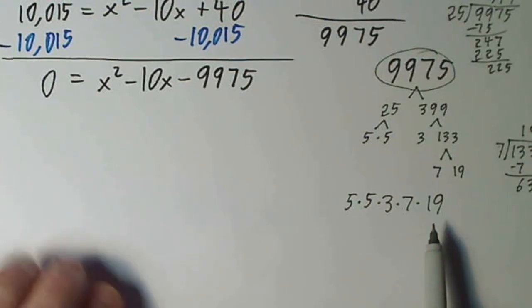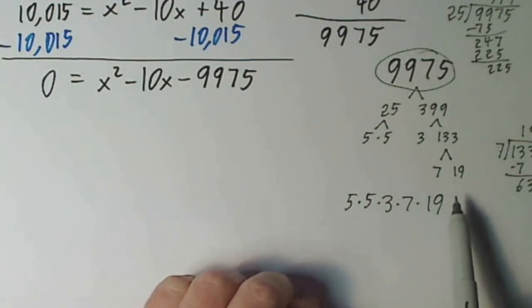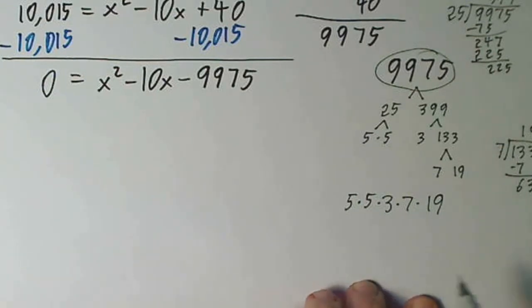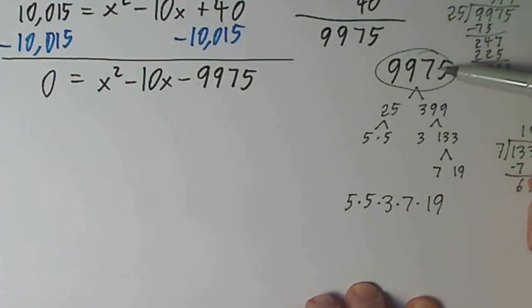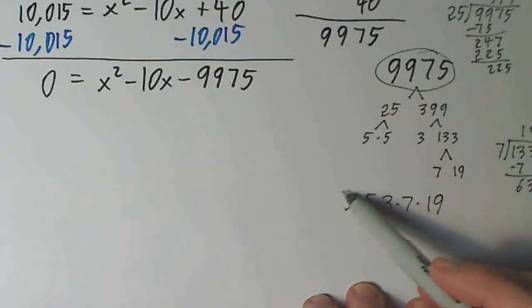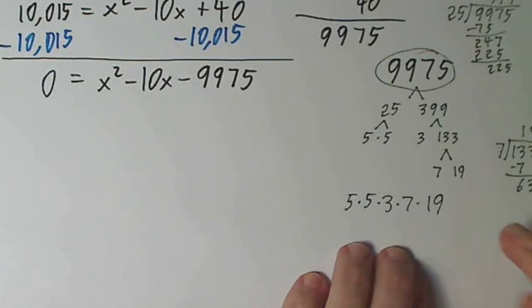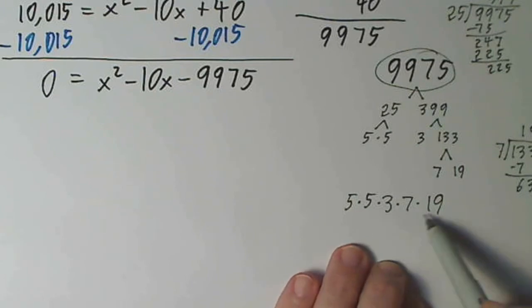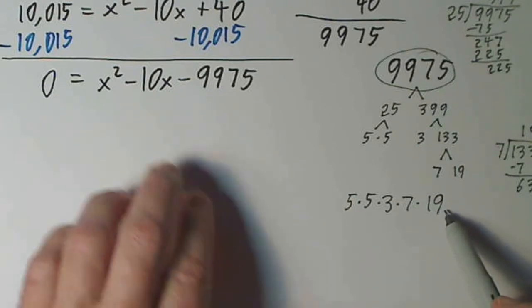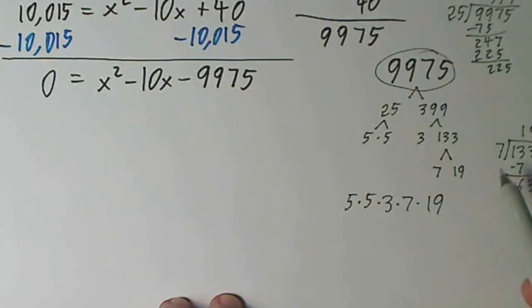If I have two numbers that multiply together to give me 9,975, those two numbers are comprised of all of these prime factors. None of them can be left out. So I'm basically looking for what combination of these will give me a difference of 10.